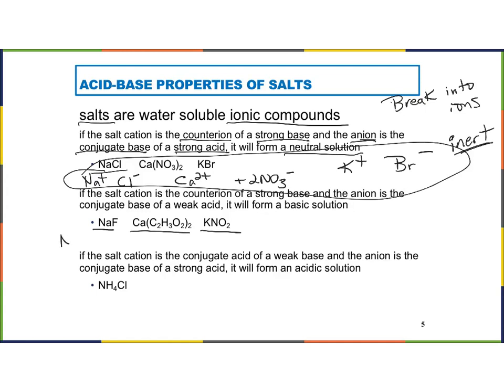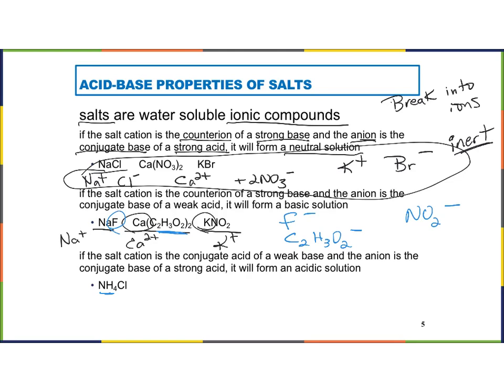And if we do this, we're going to have Na plus, and here we've got calcium 2 plus. Here we have potassium. Now, if we look at our anions, here are going to be F minus, C2H3O2 minus. Remember to leave your polyatomic anions and even cations intact, and we have NO2 minus.